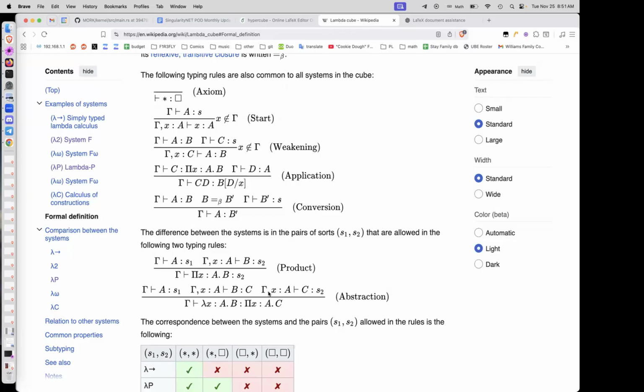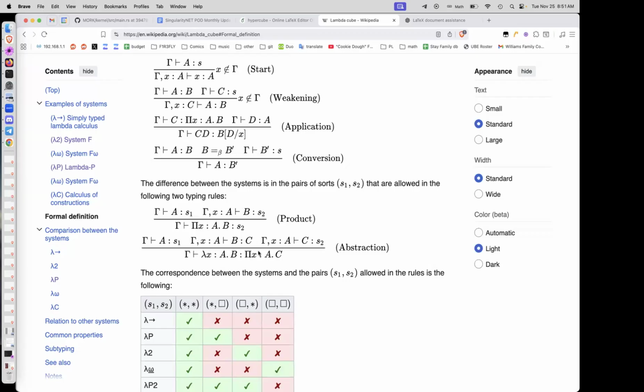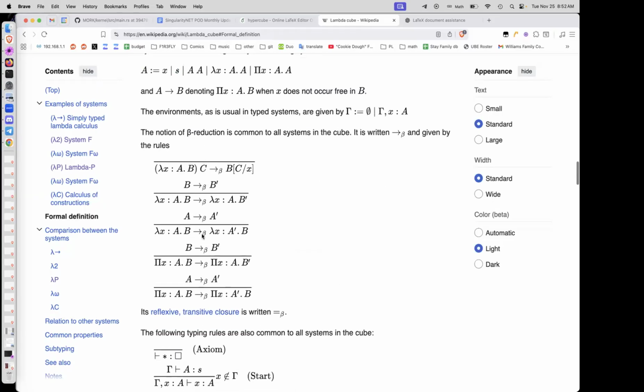Now, one of Greg's insights was to say we can characterize the pi type as a modality. It's called a rely-possibility modality, where pi x colon a dot c means the set of terms that when you apply it to an A named X, the result in one step is possibly a C. Now in lambda calculus, here they mod out by beta reduction.